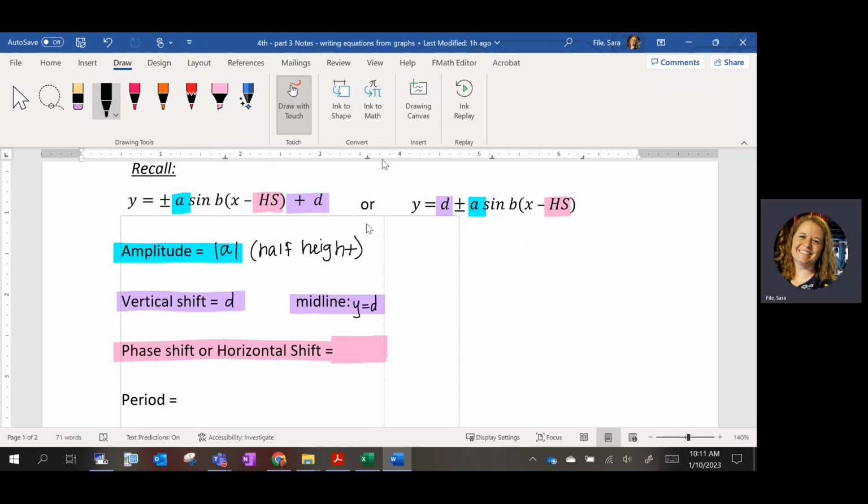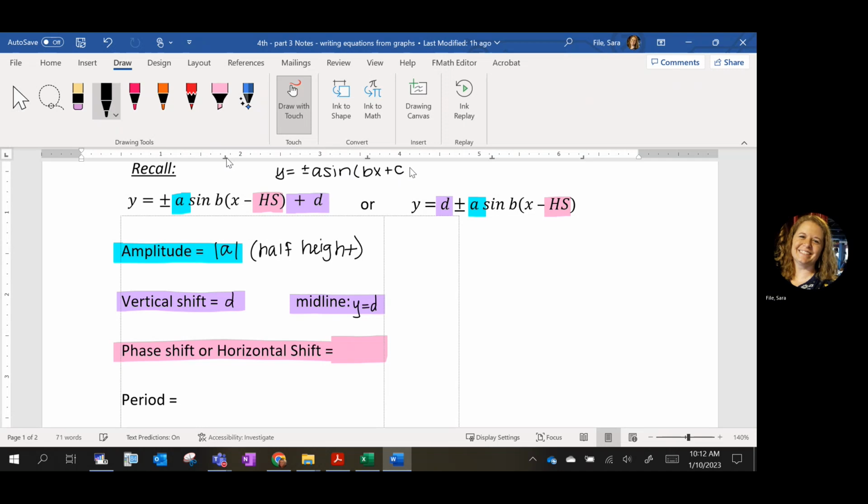But we talked about last week, your equation could be written without the B value factored out like it is here. So the B value, if it's written this way, you had sine, and then the B value is in the parentheses with the X, that number inside being added or subtracted, that's no longer the horizontal shift exactly.